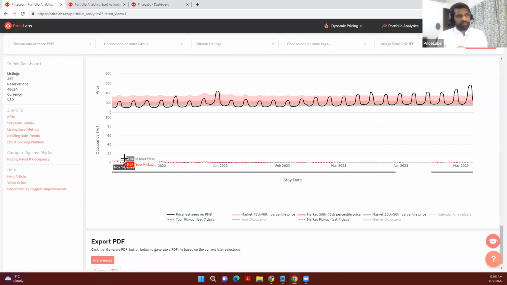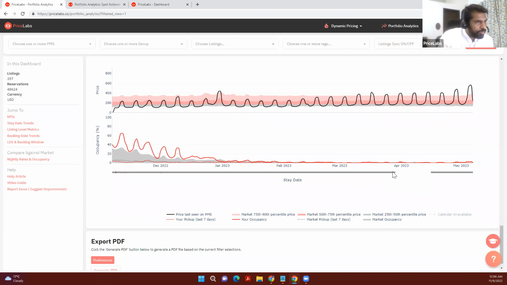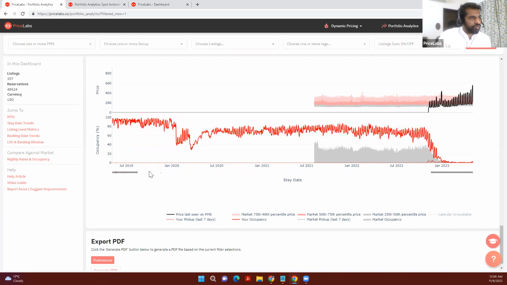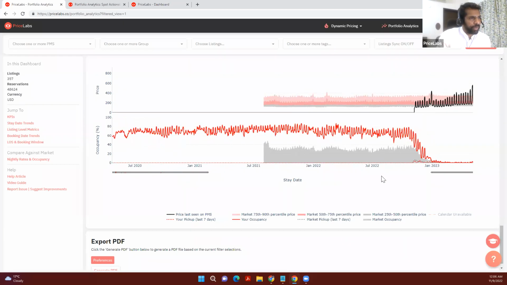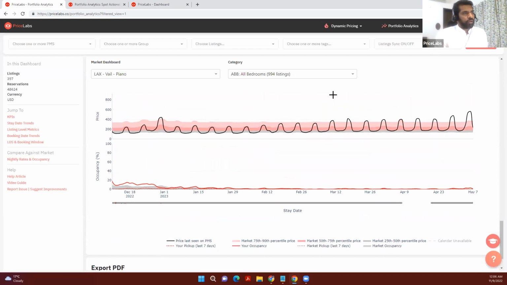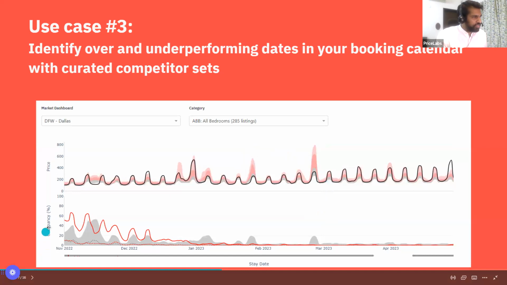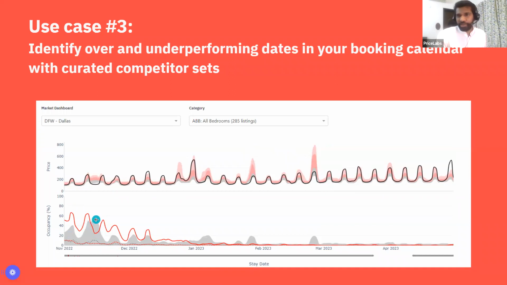But again, this is a very, very advanced use case. On this, by the way, you can also see market occupancy and your occupancy. And if you click this white dot and scroll it back, you can also see what the occupancies for market and your own look like in the past. Again, this is not a great example, but here, for example, I can see I am generally trending fairly high on occupancy, except for this period, and I might want to see why that might be.